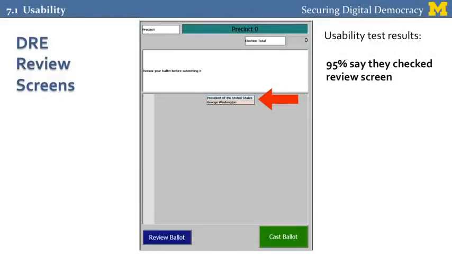So when they took the actual voters and asked them, 95% of those voters said they checked the review screen. But when they actually saw whether they caught errors that were introduced by the researchers, 63% of the people being studied failed to detect the changes. That means only about a third of people caught the errors the researchers introduced.